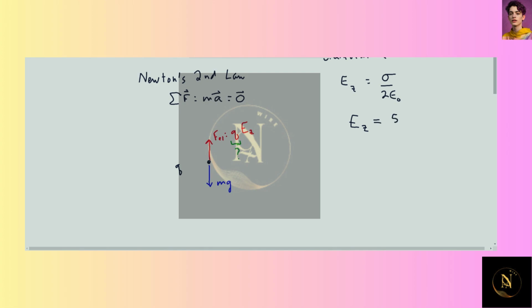So we'll use SI units, which would be coulombs per meter squared for the charge density, surface charge density.